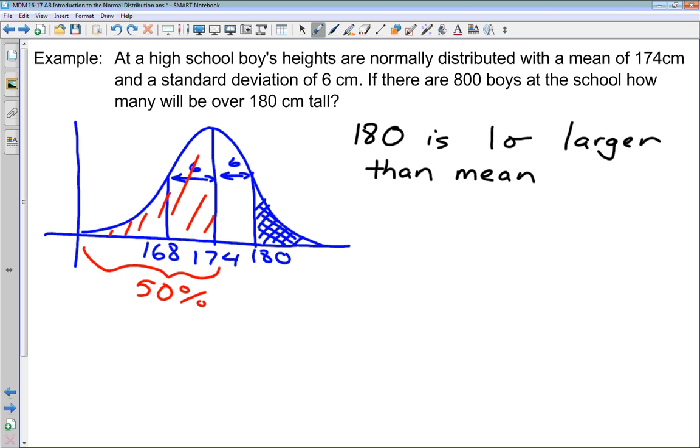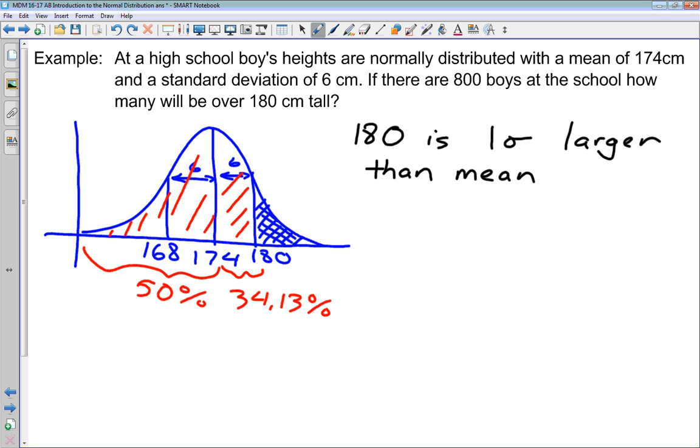And then if we want to add in this other little part from our mean up to 1 standard deviation, we know from the previous slide that that is going to contain 34.13% of our data in that little area. Okay, because there's always 34.13% of the data between our mean and 1 standard deviation.